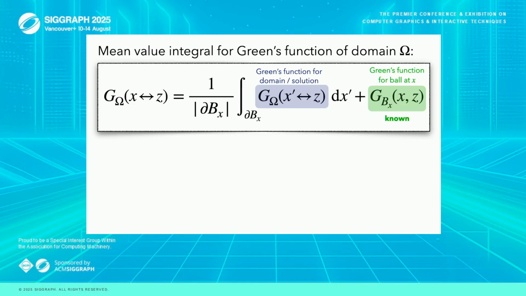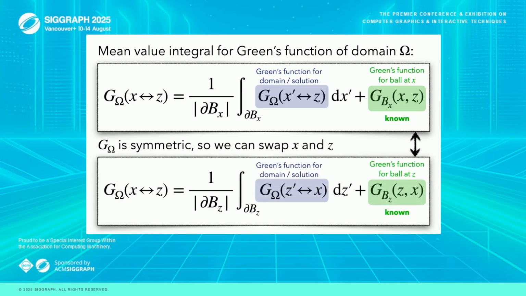And a fundamental property of this Green's function is that it's symmetric. So I can swap the parameters x and z, and I should get the same result. And what that means is I can create another expression, another integral equation that has basically swapped these x and z. And what this tells me is that if I now estimate the top equation using Monte Carlo, it'll give us our standard walk-on spheres algorithm.